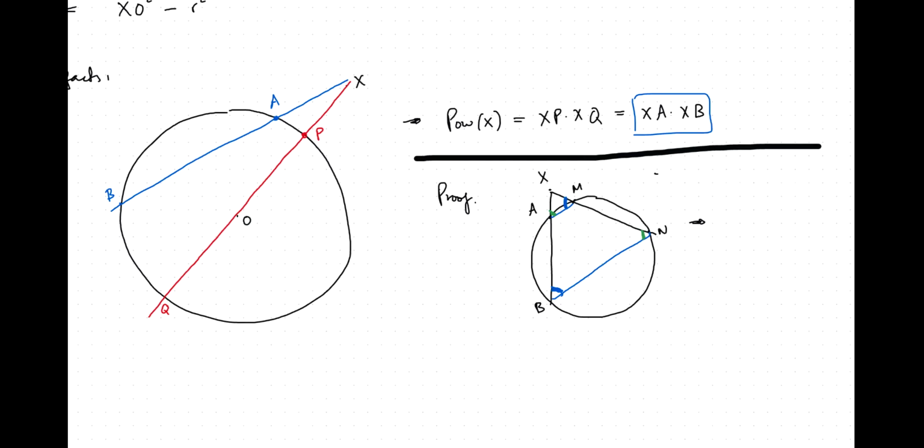The first thing is by angles, XAM is similar to XNB. You see there is a flipping here. So this shows that XA divided by XN equals, now in the next fraction, the denominator and the numerator are flipped in terms of the letters. So XM divided by XB. And this shows XA times XB equals XM times XN.